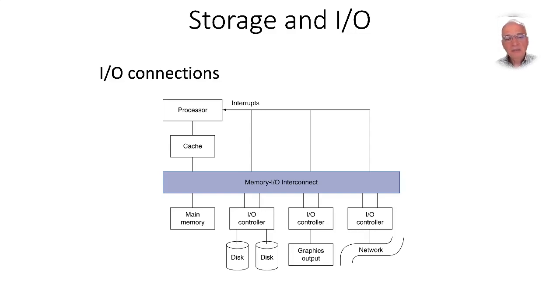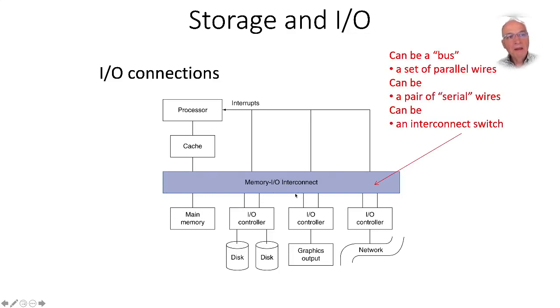And then there is the main memory that is connected to the memory interconnect. There might be one or several controllers for I/O. For example, I can have a separate controller for the disks, a controller for some kind of graphic output, and a controller for the network. All those controllers are controlling different I/O devices, and they can interact with the processor through interrupts.